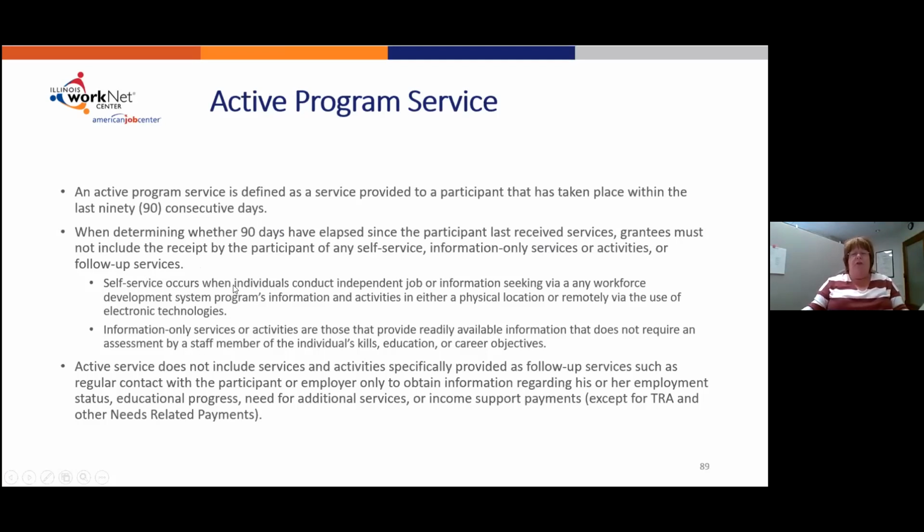It's like if the person comes in to do an independent job or information seeking thing on the system at your local area, that's a self-service. Information only service, they're available information. It doesn't require any kind of assessment by a staff member of the individual's skills.